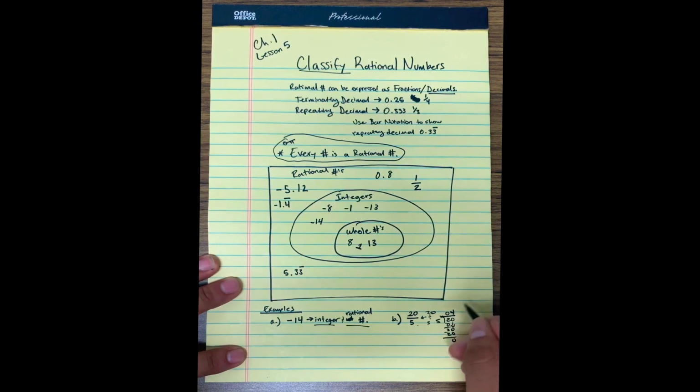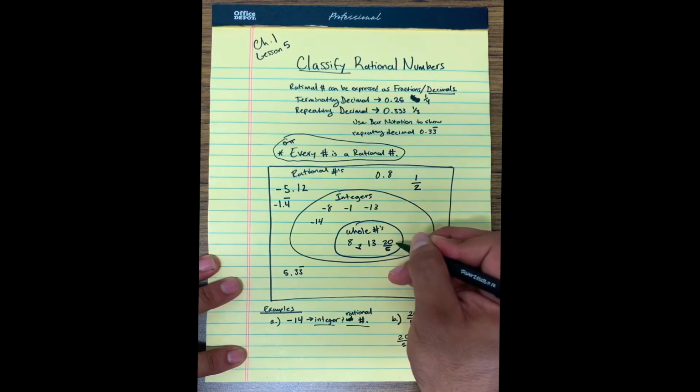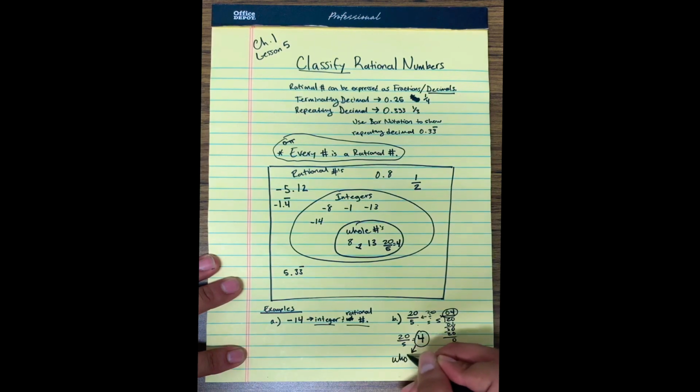So 20 divided by 5 gives you 4. Now, you got to remember too that a fraction is a division problem, right? So 20 divided by 5 equals 4. And if it equals 4, that means that 20/5, which equals 4, is actually a whole number, an integer, and a rational number.